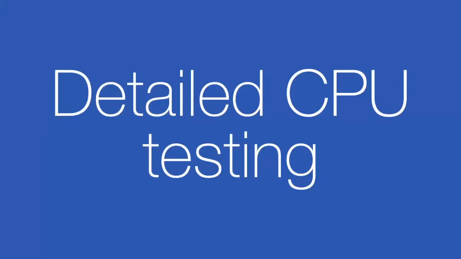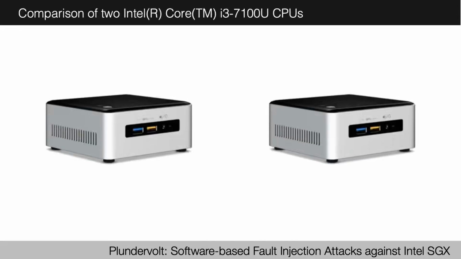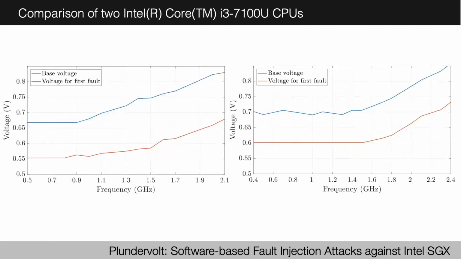Now at this point we'd only been testing with one machine, and we wanted to see if the results would occur across all CPUs. We tested everything on either Ubuntu 16.04 or 18.04 and everything on Linux either 4.15 or 4.18. One of the most interesting things we found was that we tried to buy an absolutely identical machine to our first testbed, and this was the result.